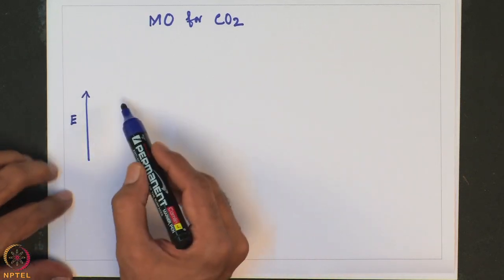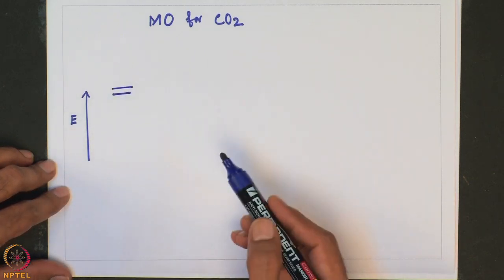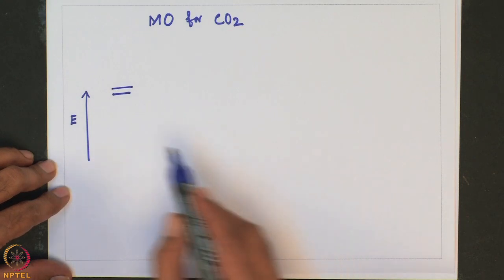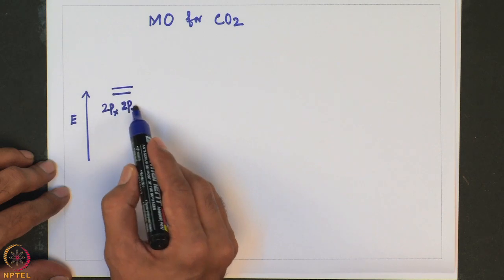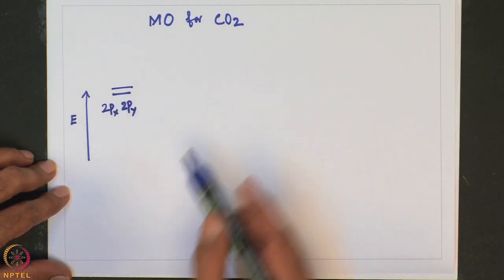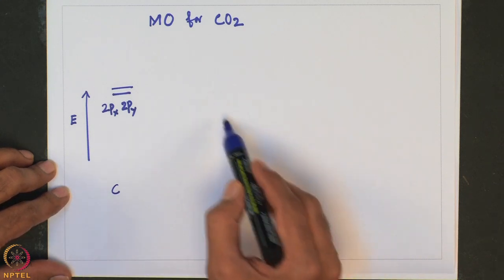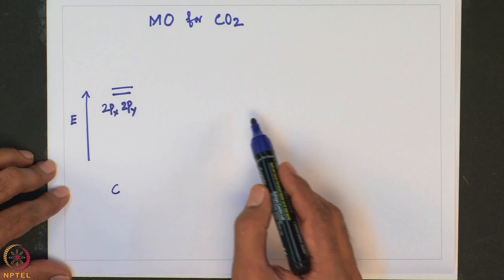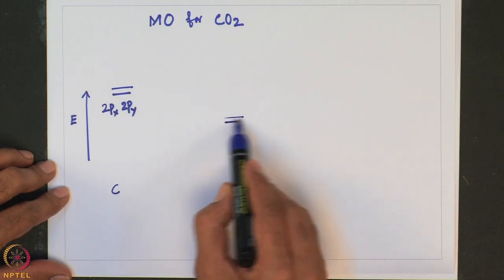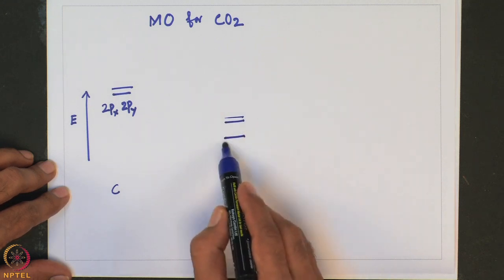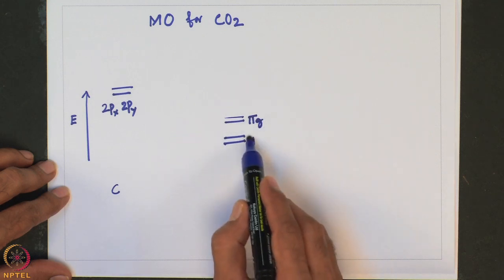Okay. So, now let me consider here 2px and 2py. And then this is for carbon, and then I am considering for oxygen, sigma g and sigma u.